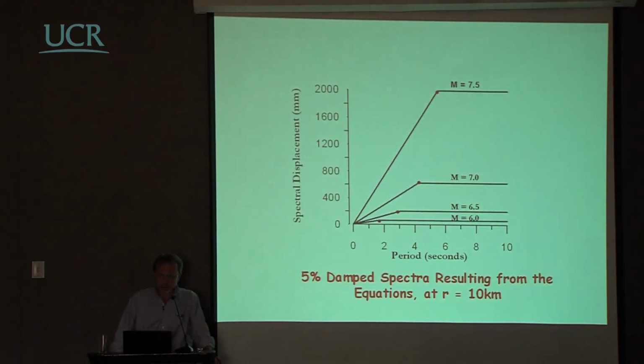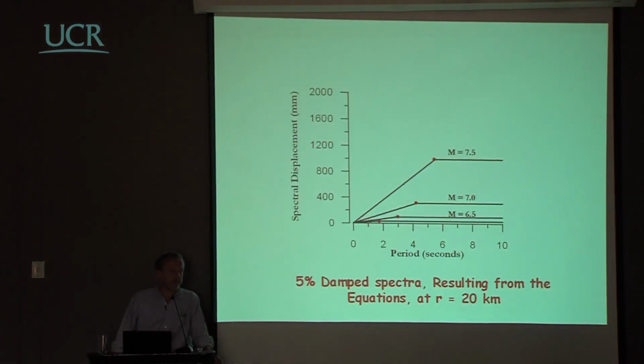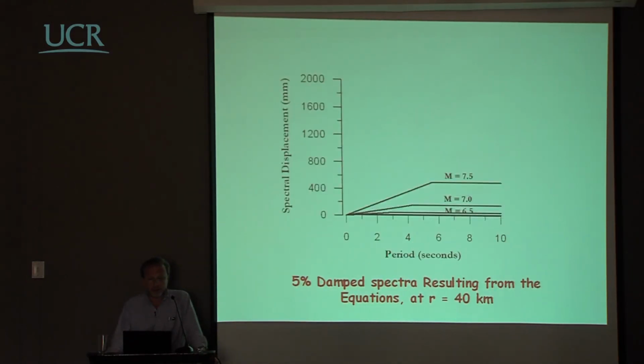And if you look at the distance, again the effect is dramatic, in the sense that the displacement demand decreases very significantly as the distance increases, so that when you go to say 40 kilometers, you can have a significant displacement demand only for a very strong earthquake, for a very large magnitude earthquake.